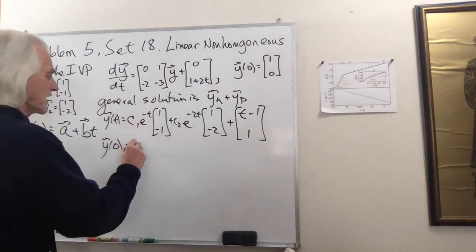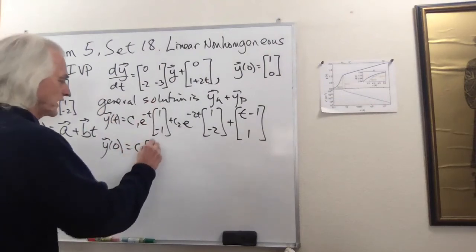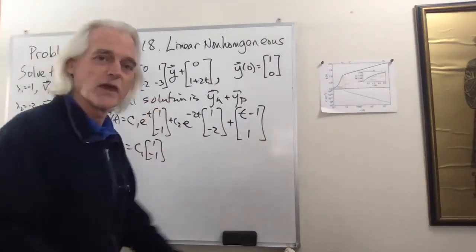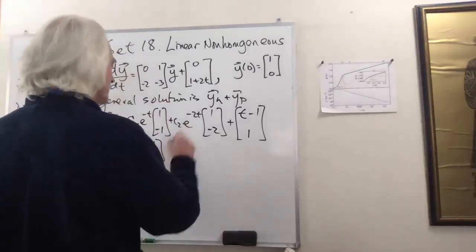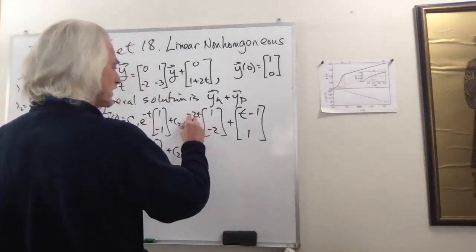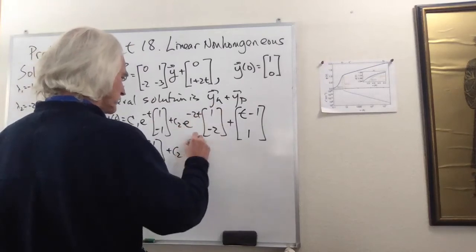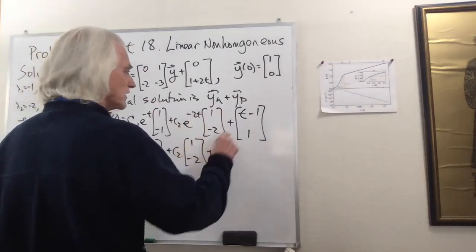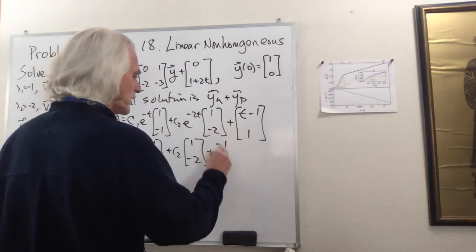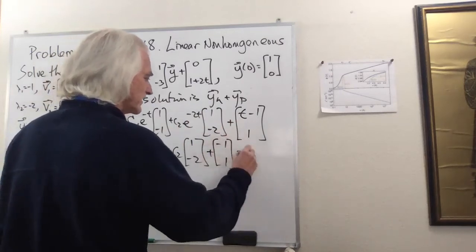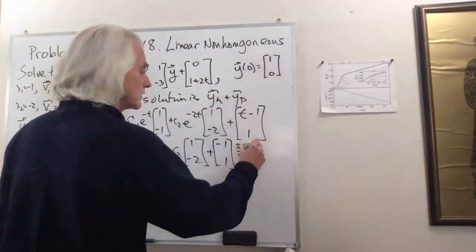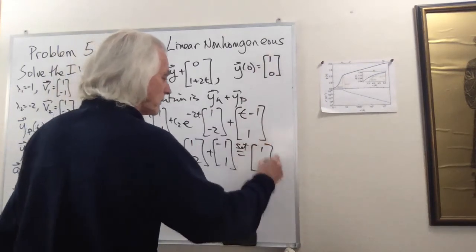From the formula, I get C1 times 1, -1, because e to the 0 is 1. I know that without a calculator, and hope you do too. Plus C2 times 1 times 1, -2, plus T is 0, so that's a -1, 1. And I'm going to set that equal to 1, 0.